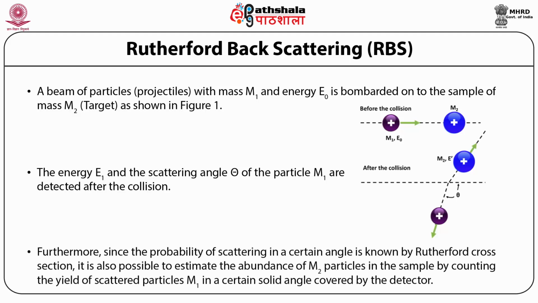Furthermore, since the possibility of scattering in a certain angle is known by the Rutherford cross-section, it is also possible to estimate the abundance of m2 particles in the same sample by counting the yield of scattered particles m1 in a certain solid angle covered by the detector.